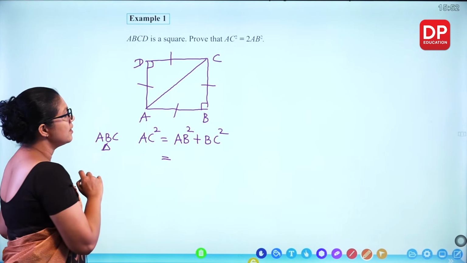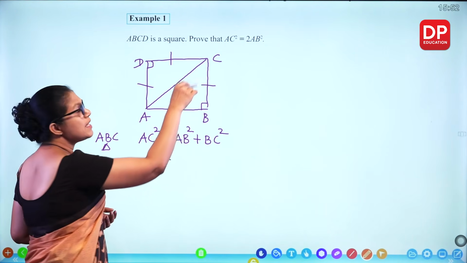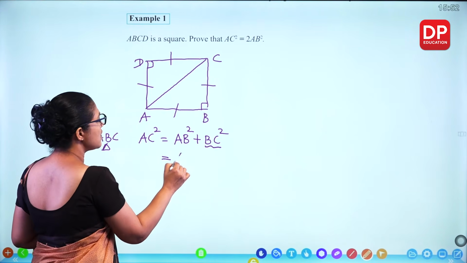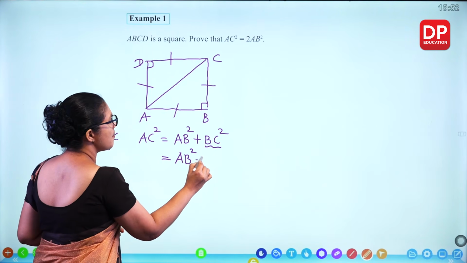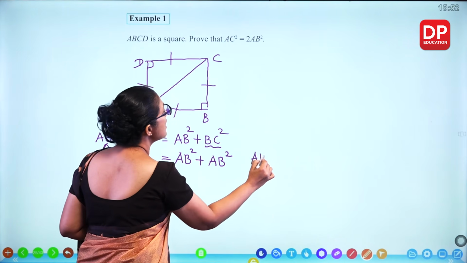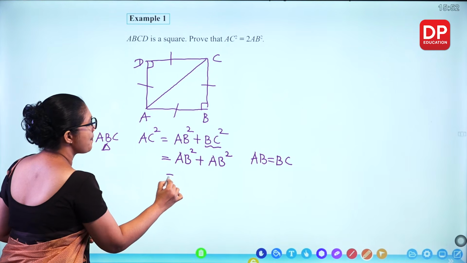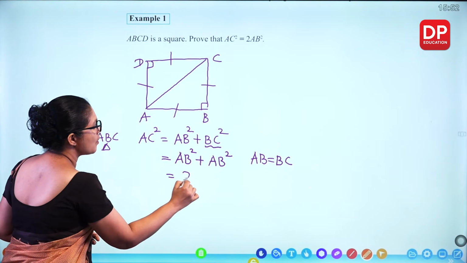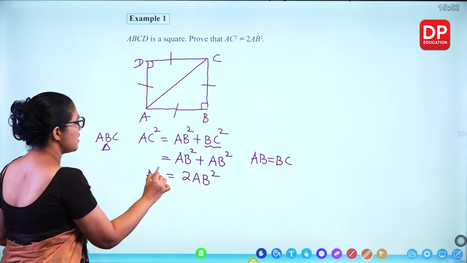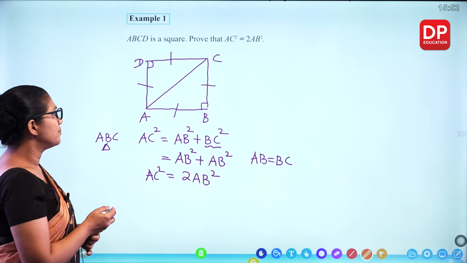BC squared is same as AB squared, so I can substitute AB squared plus AB squared, because AB is same as BC. Then I am getting 2AB squared. So AC squared is equal to 2AB squared.